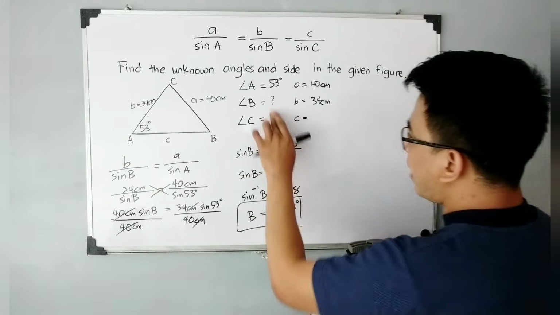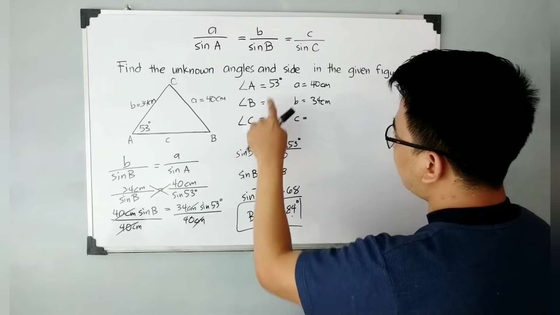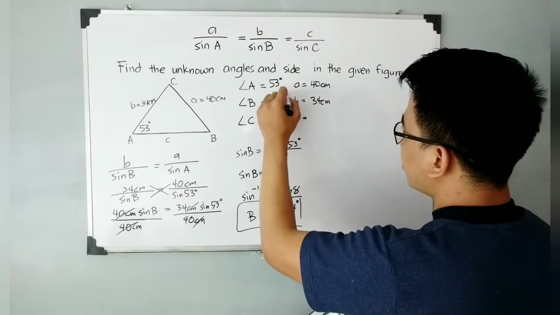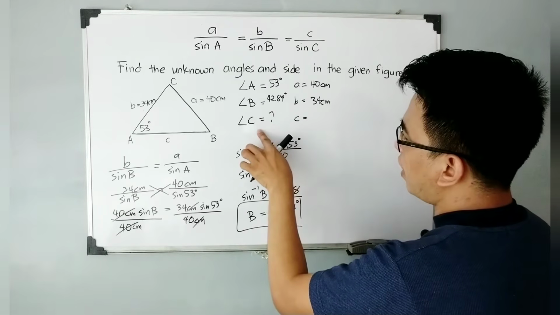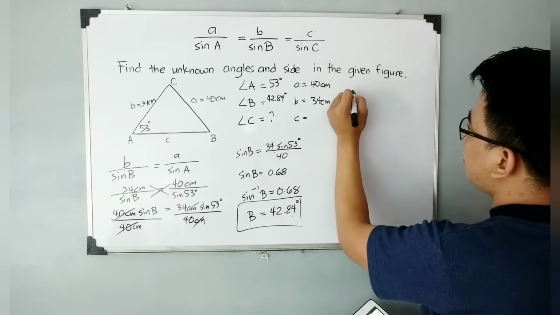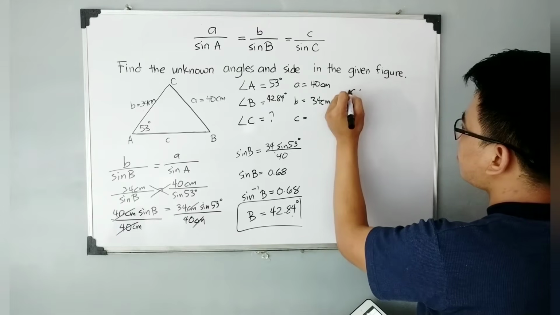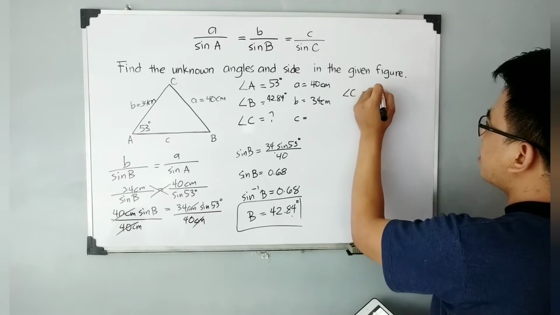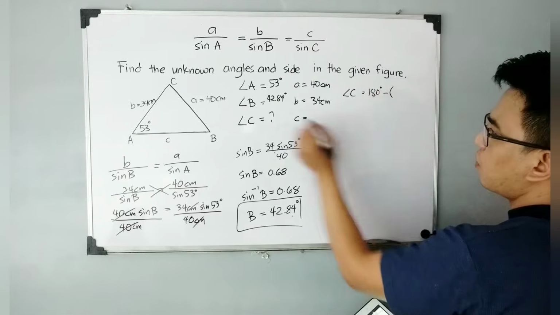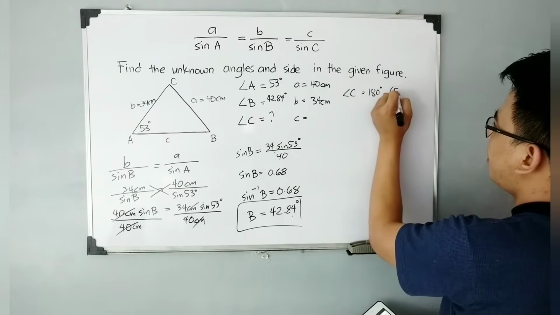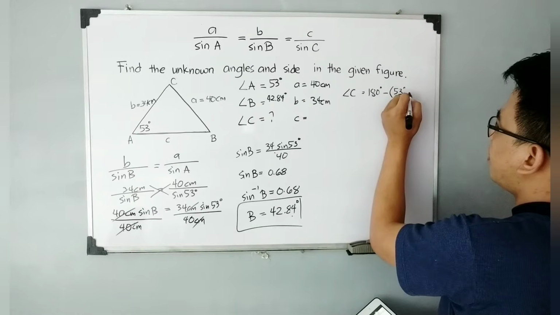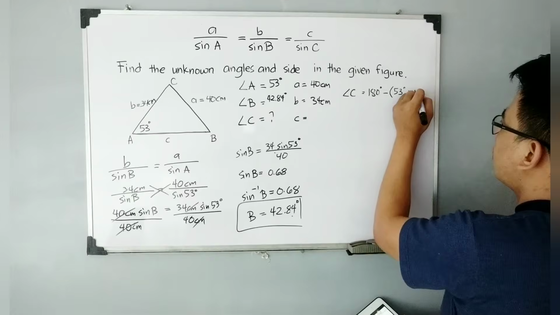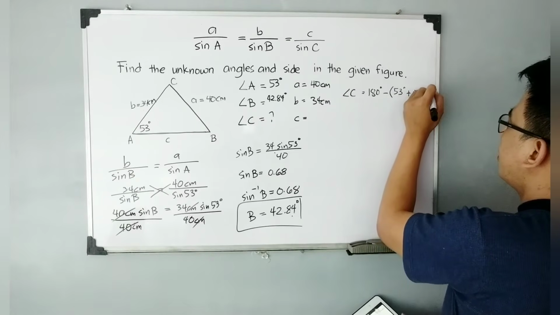Ngayon, if meron ka na ngayong angle B, 42.84 degrees, pwede mo nang hanapin ngayon yung angle C mo. Para makuha si angle C, you have angle C is equal to 180 degrees minus yung sum ng dalawang angles na meron ka, you have 53 degrees plus 42.84 degrees.